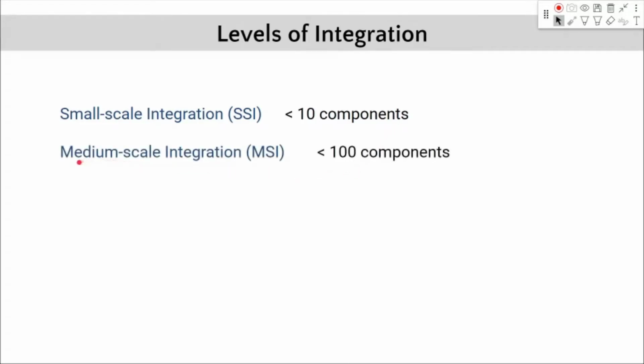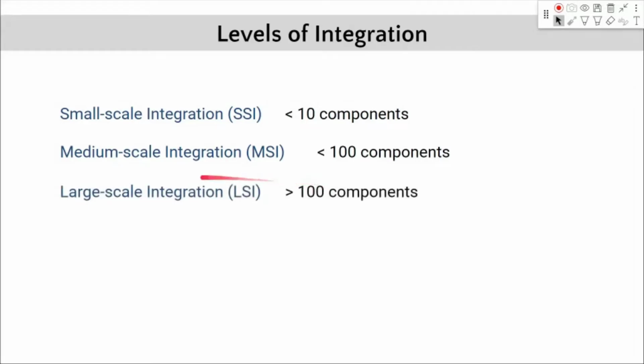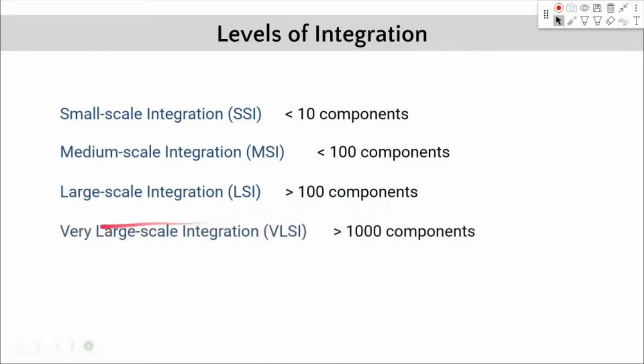Next is medium scale integration, when on a chip you have less than 100 components, but more than 10. Large scale integration, LSI, is when you have more than 100 components. And very large scale integration, or VLSI, is when you have more than 1,000 components on one chip.